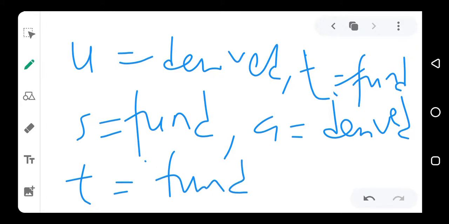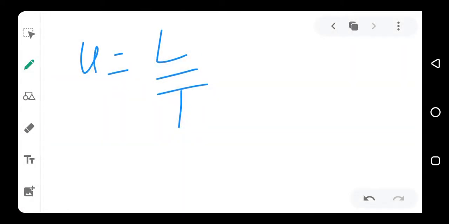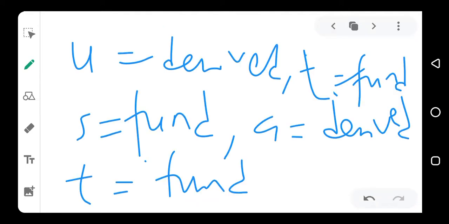Now we find the dimension of the derived quantities. We start with U. U is velocity, L over T. Then we have acceleration, the next derived quantity.